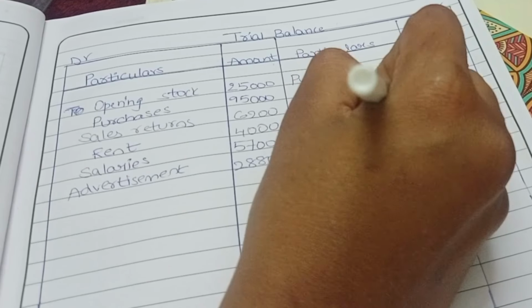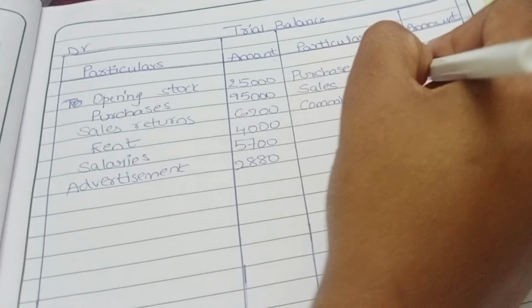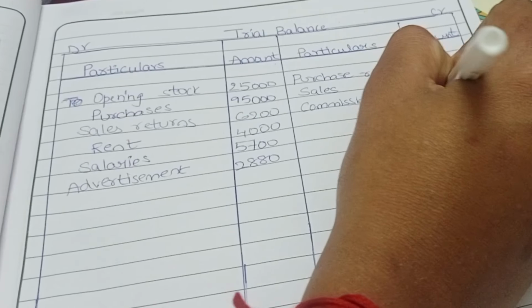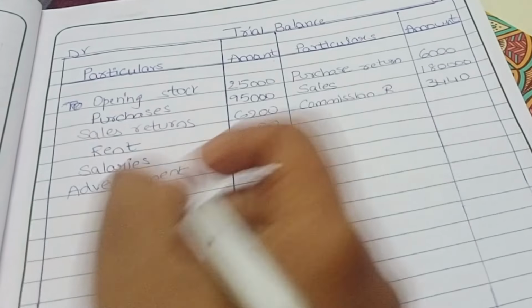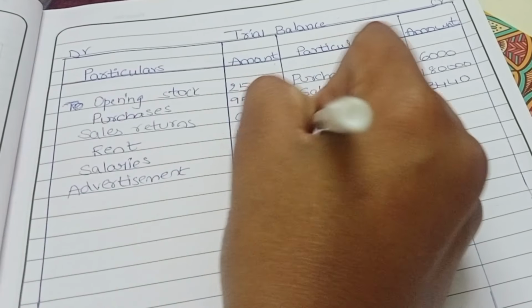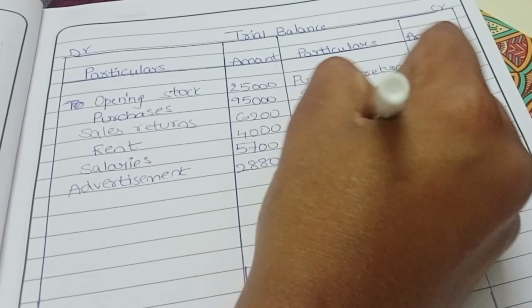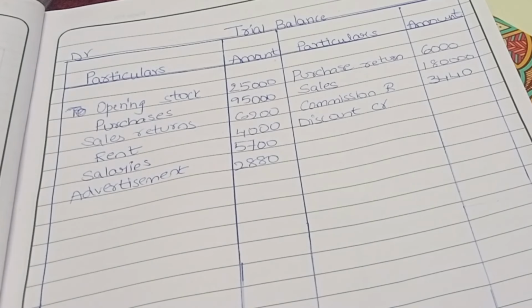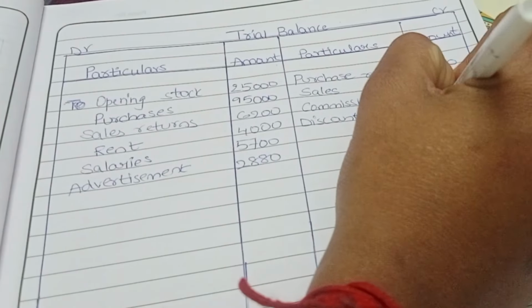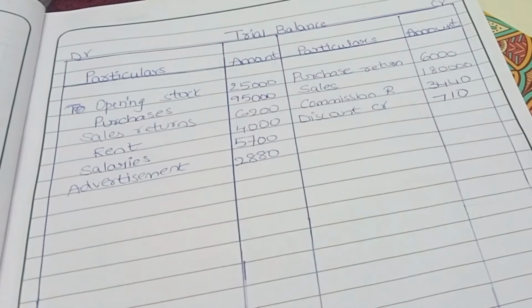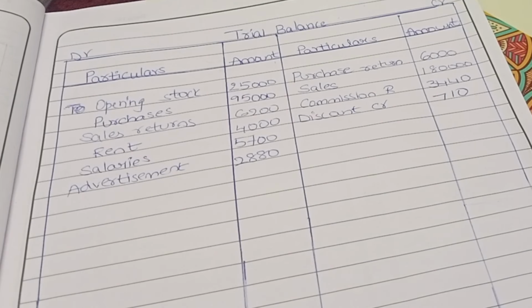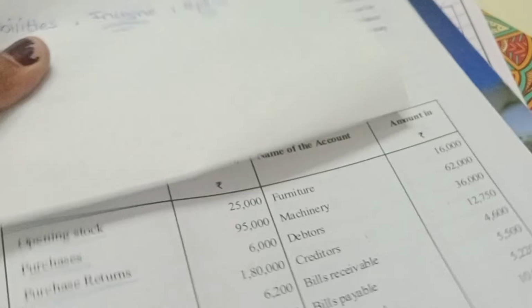Commission received, how much? 3,440. And the next, discount credit. How much? 710. Okay, students, they have only mentioned that it is a credit amount, so that's why we are putting it on the credit side.